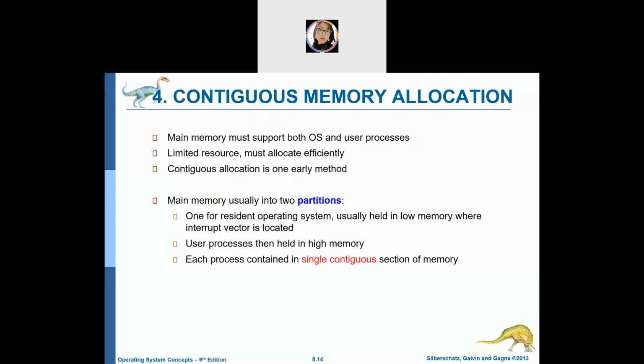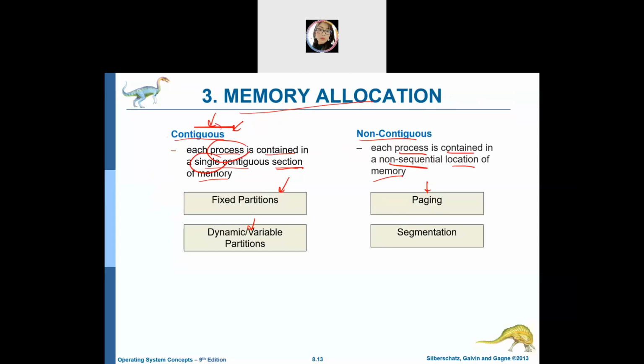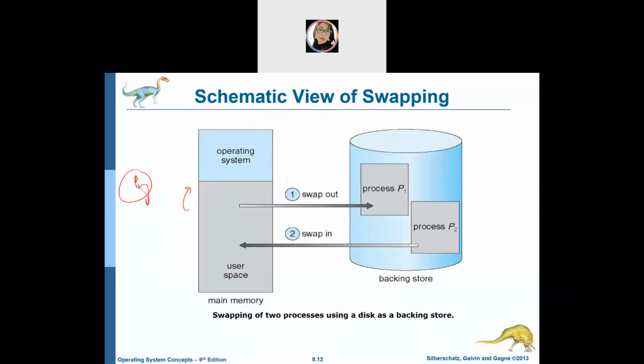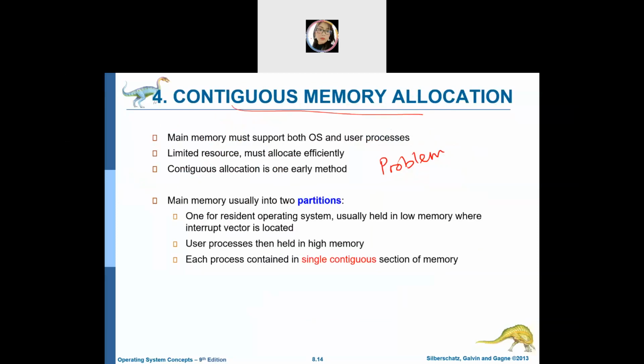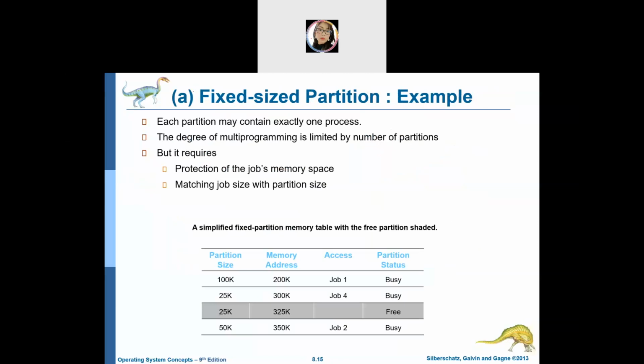Now let's take a look into contiguous memory allocation. Before that, you're going to look into the problem if you are using contiguous in your CPU management, and you have a fixed size partition.